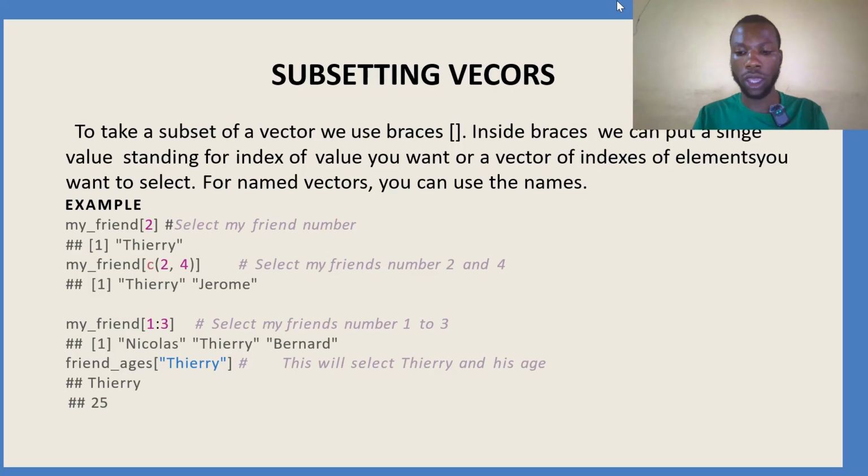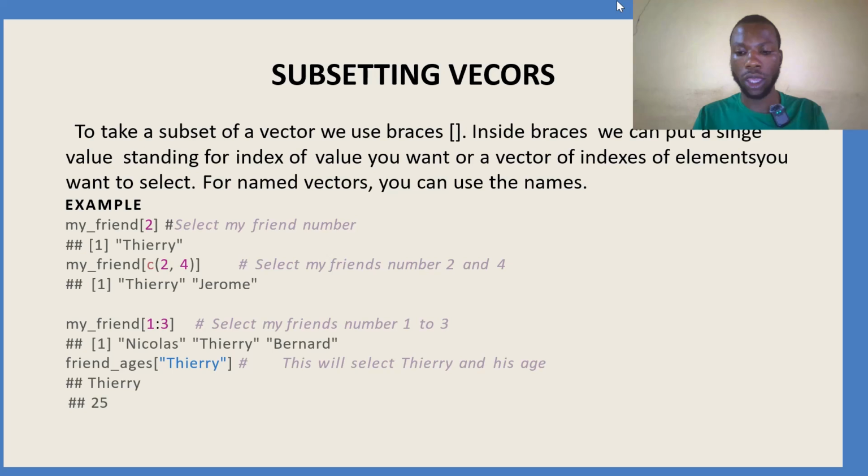And of course, when we are talking about subsetting, we are going to use the brass, the square brackets. I used to say it is a square bracket, but it is brass in technical terms. But what I'm interested in is just to understand what I'm talking about. When we are using the brass, we are trying to look for a specific position, a specific index.